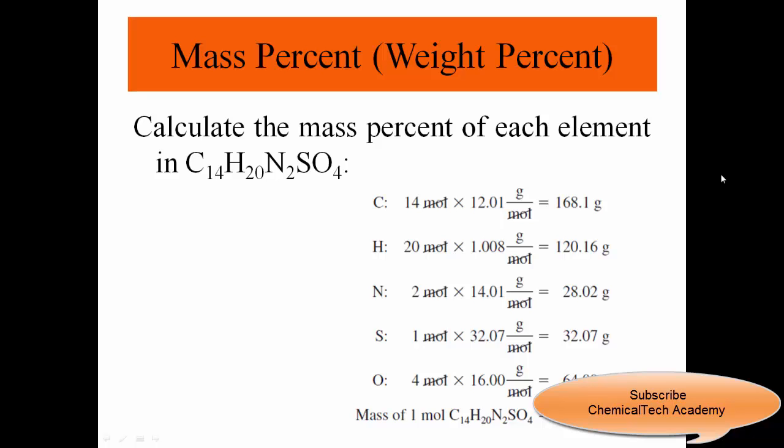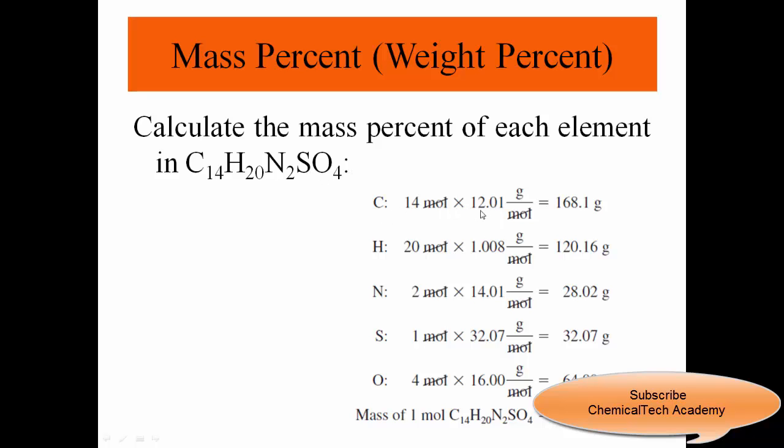Now let's see the last example. Calculate the mass percent of each element in C14H20N2SO4. So here we have 1, 2, 3, 4, 5 elements. First of all, we need to calculate the molar mass. We have 14 carbons, 20 hydrogen, 2 nitrogen, 1 sulfur, and 4 oxygen.